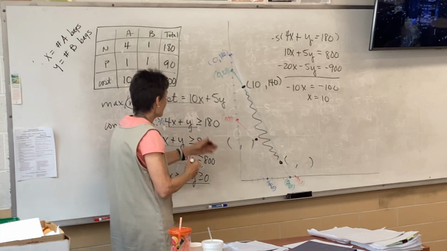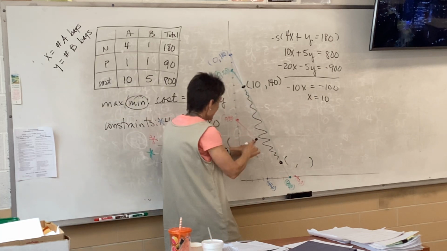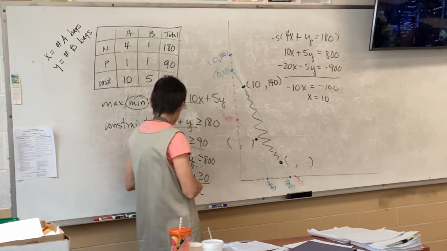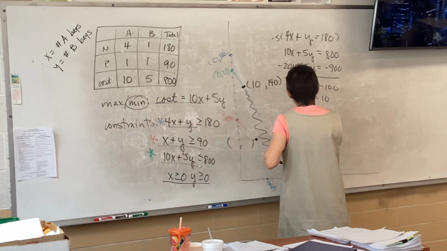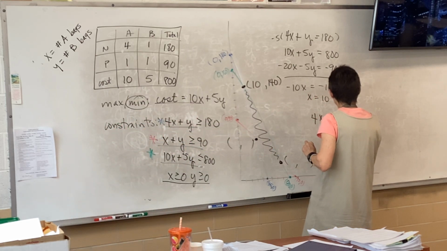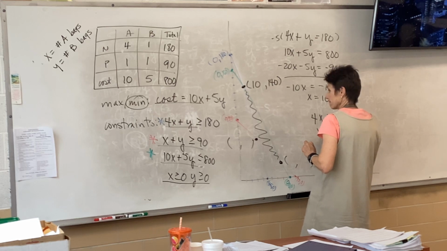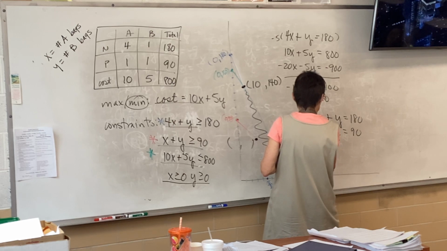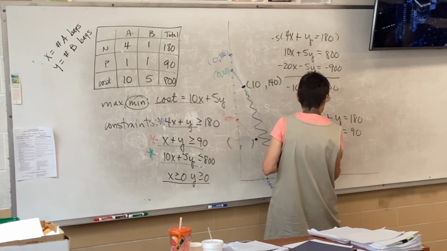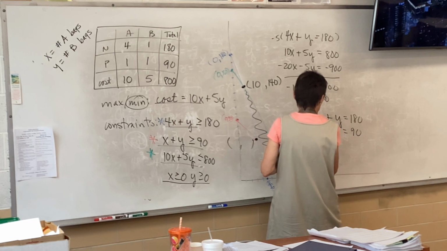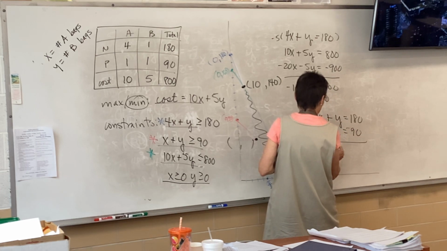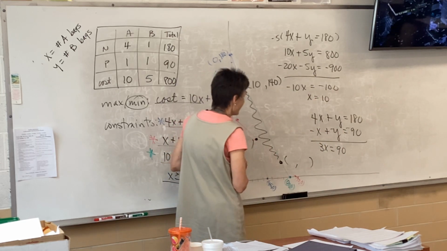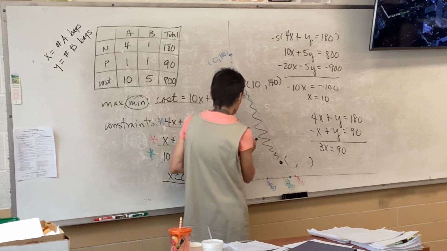All right, then I move to another one. I'll find this one now. This one is the intersection of blue and red. I got 30 for x, and that'll make 60 for y.